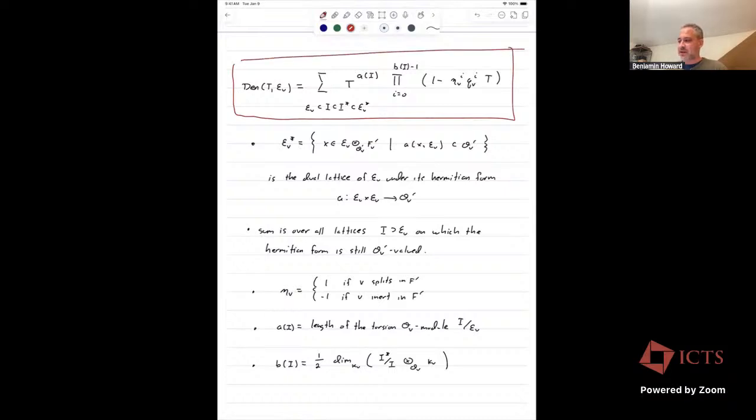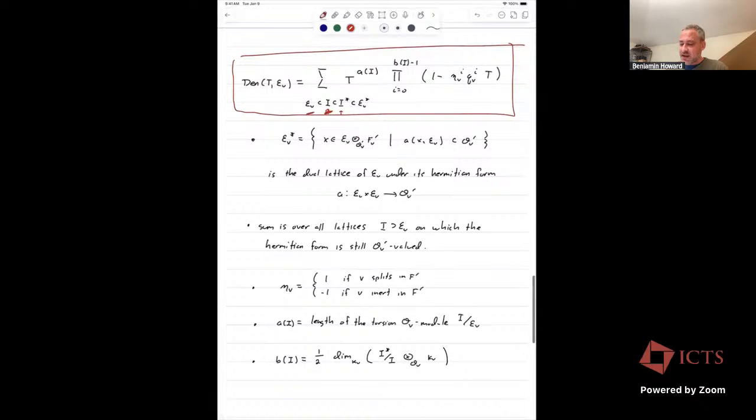Okay. So the important thing maybe is the summation. You look at all ways of starting with your local Hermitian lattice determined by the vector bundle, and enlarging it, not to something self-dual, but to something that's contained in its own dual lattice. In other words, the sum is over all ways of enlarging your lattice to something on which the Hermitian form remains integral valued.